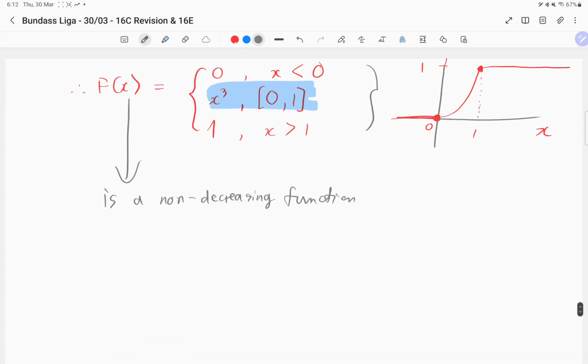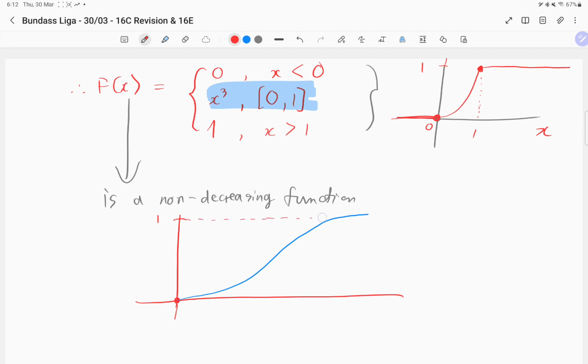It means that for a big F of x function, generally it will always start from 0, and then it will keep on rising whatever way it wants, and then it has to get close to 1 or be exactly equal to 1 at some point. And at the point where it becomes exactly equal to 1, after that it will just be a straight line.